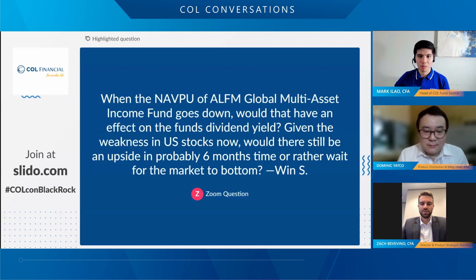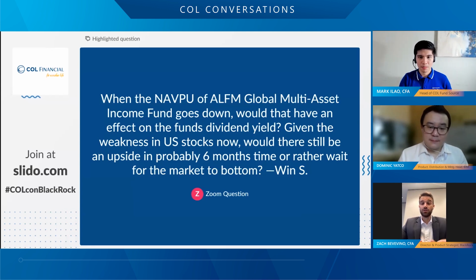It's no, in the sense that if we buy a bond and that bond pays income and that bond goes down in price, we're still getting the income. We still have income that we're getting into the portfolio that we can pay to our investors. So the actual yield of the portfolio won't necessarily change just because of market volatility.